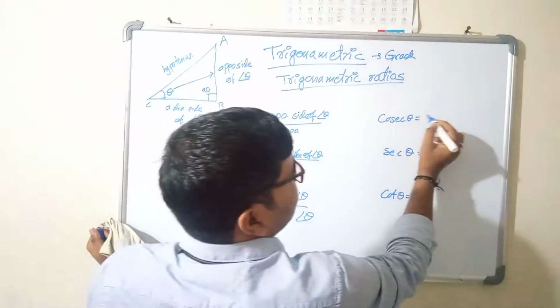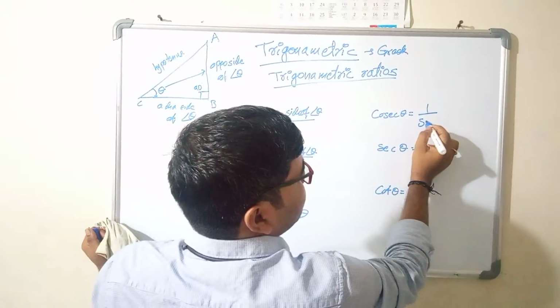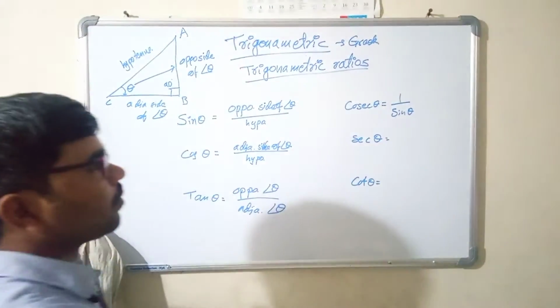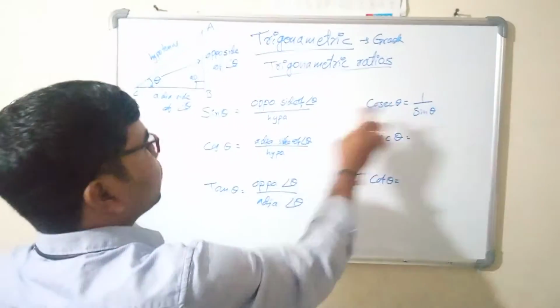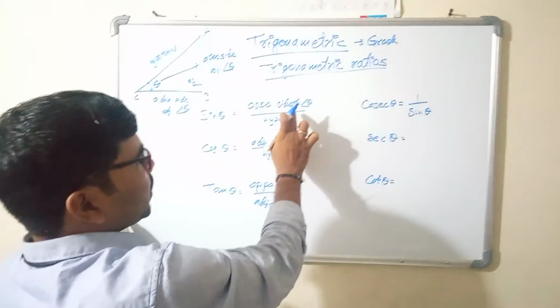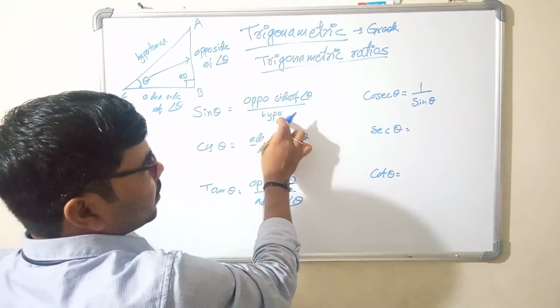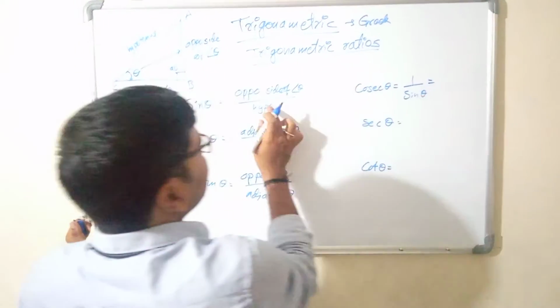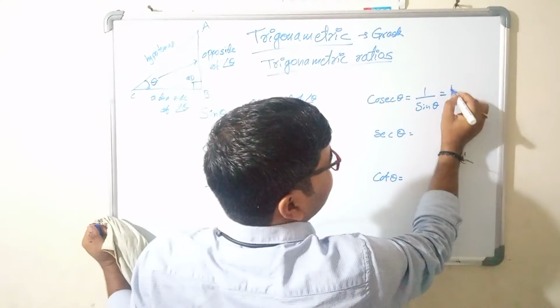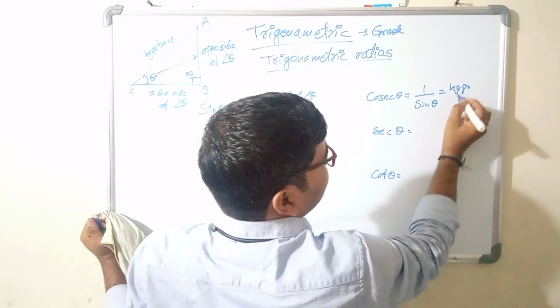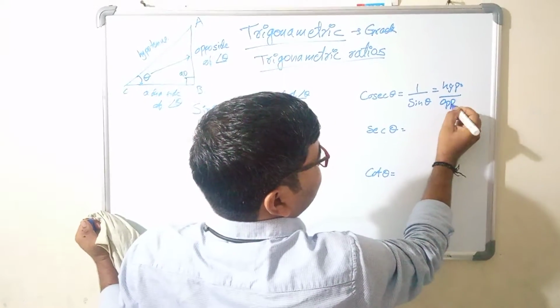Reciprocal means cosec theta is equal to 1 by sin theta. If we divide 1 by sin theta, it gets reversed, that means hypotenuse side by opposite side of theta.